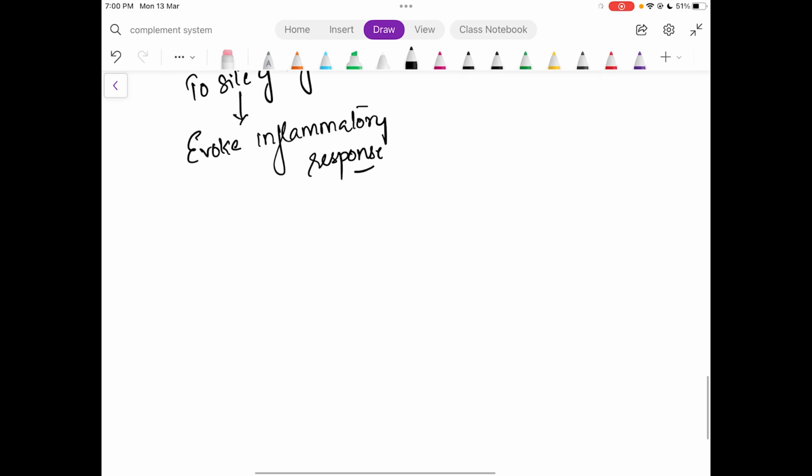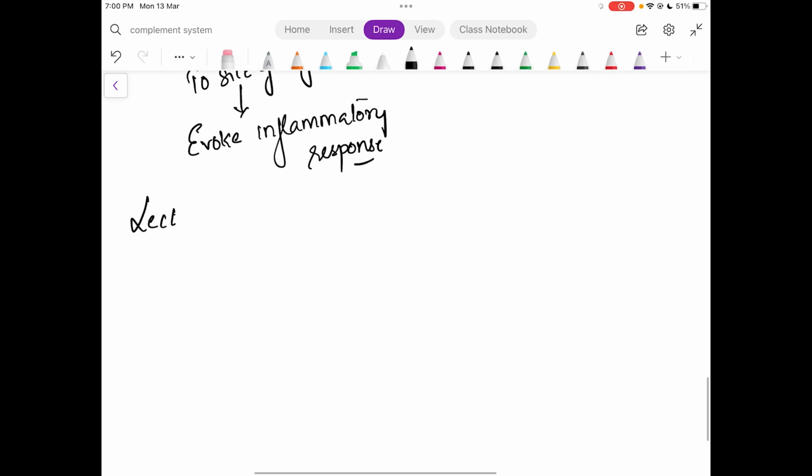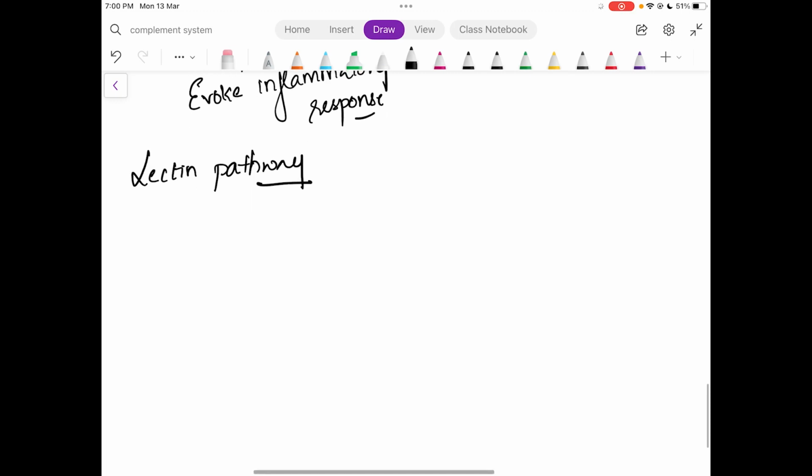Next we will see the lectin pathway. We have a complement protein called MBP. What is this MBP?